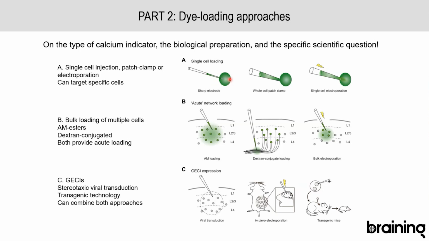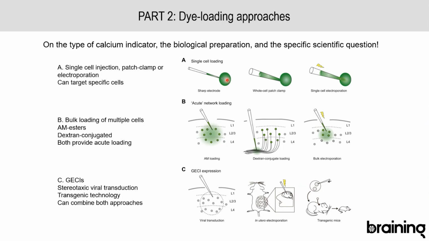Then, in this case, we perforate the cell and load the cell with this calcium indicator, or I do a whole cell patch clamp, and the dye will diffuse from the pipette into the cell of interest, or we can also have this electroporation of the cell, so we destabilize the membrane and the dye will enter the cell. You have to think that this is a very specific assay.